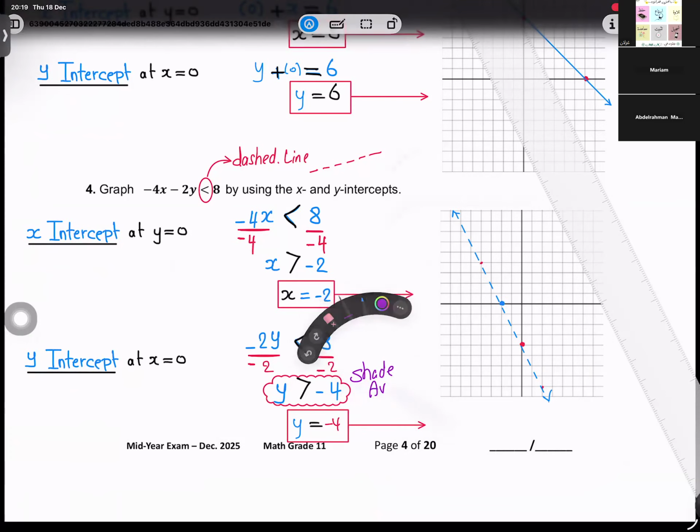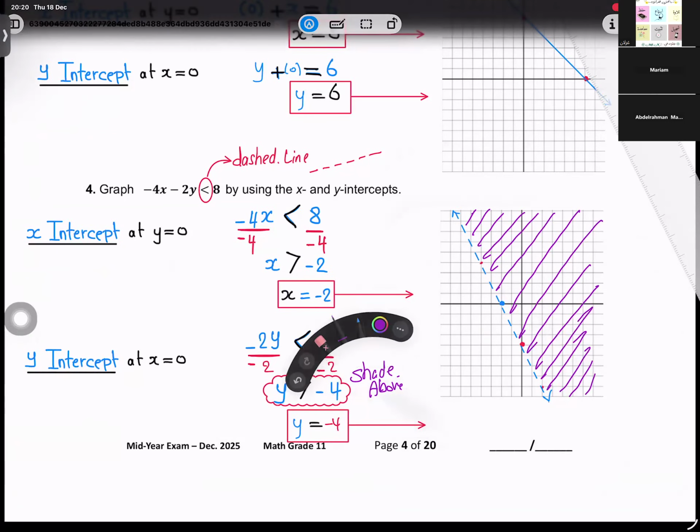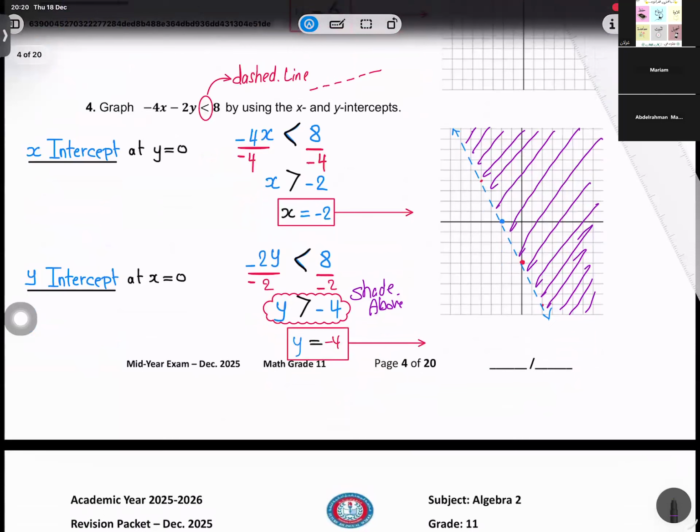The line is not continuous, it will be dashed, which means it's not included. The line itself is not included. That's why it's a dashed line.